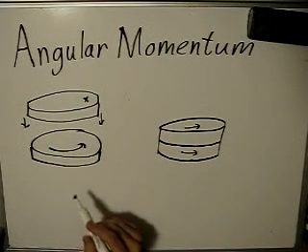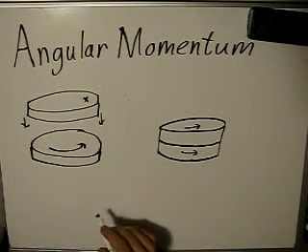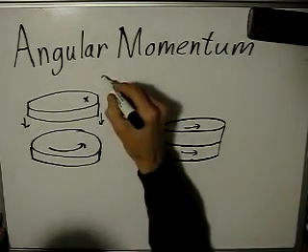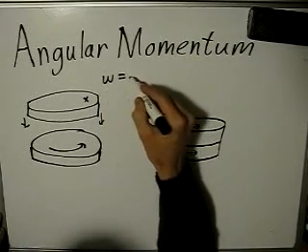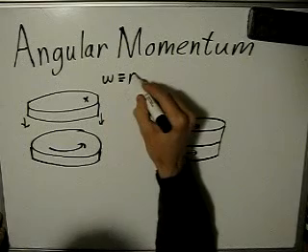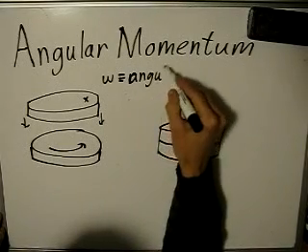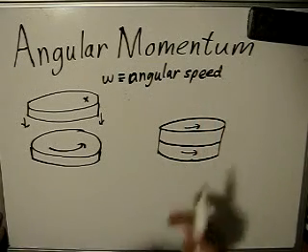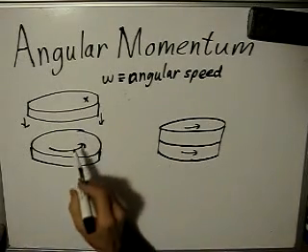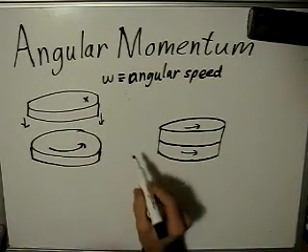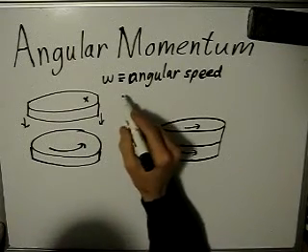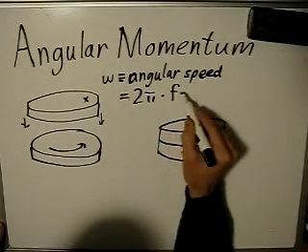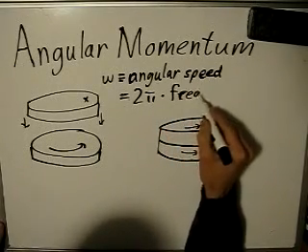Now, we have quantities that we can assign to how fast these things are rotating. And the quantity that we use is omega. So omega is called the angular speed, and you calculated the angular speed for these different disks in different situations, and you may remember that that was done by multiplying 2 pi times something called the frequency.